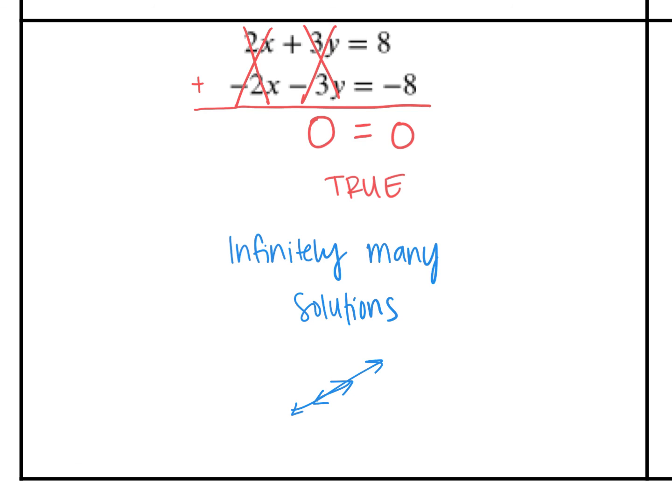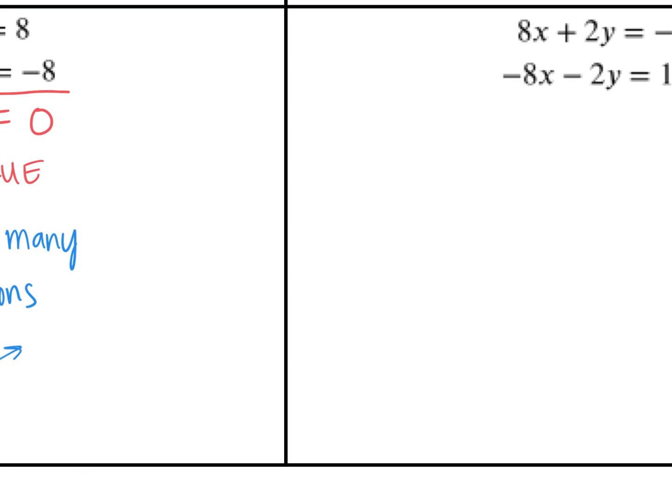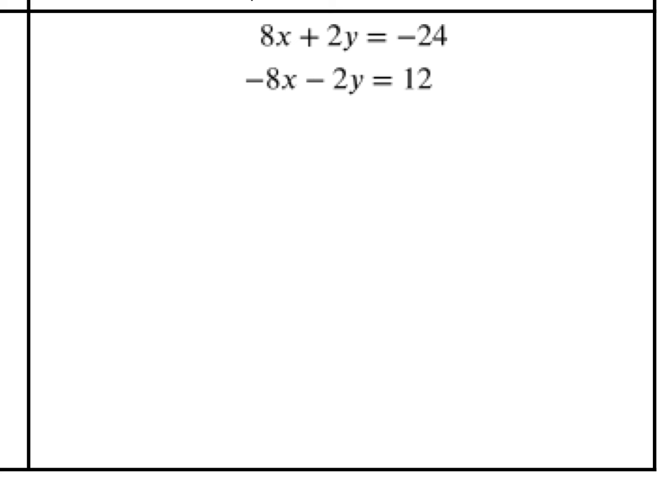Okay, so we have one more problem. 8x plus 2y equals negative 24. Negative 8x minus 2y equals 12. So step 1, add the two equations together. And go ahead and look for those opposites too.